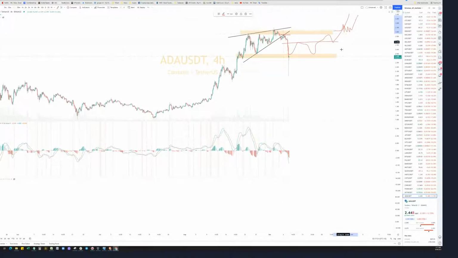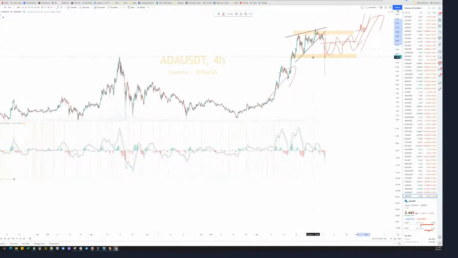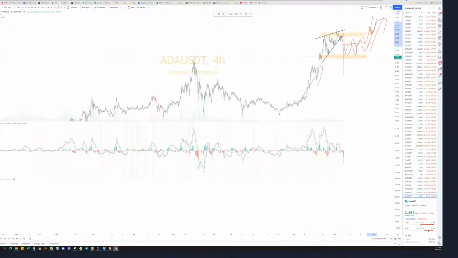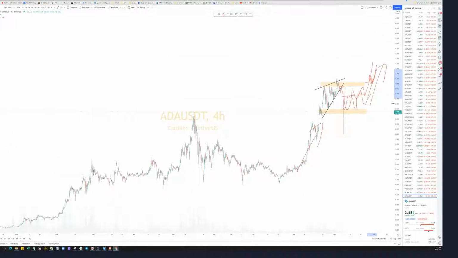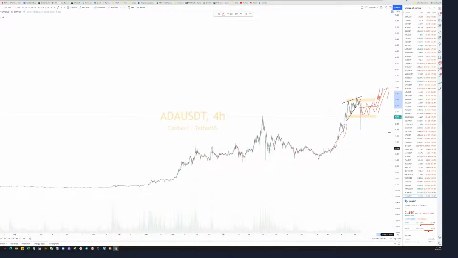I don't see this as a reversal structure. I just see this as another accumulation structure, reaccumulation. It's got to sort itself out before it goes up. And I've been studying reaccumulation or wick-off structures for a while, and I think that's what's going to happen. This was a massive reaccumulation structure.